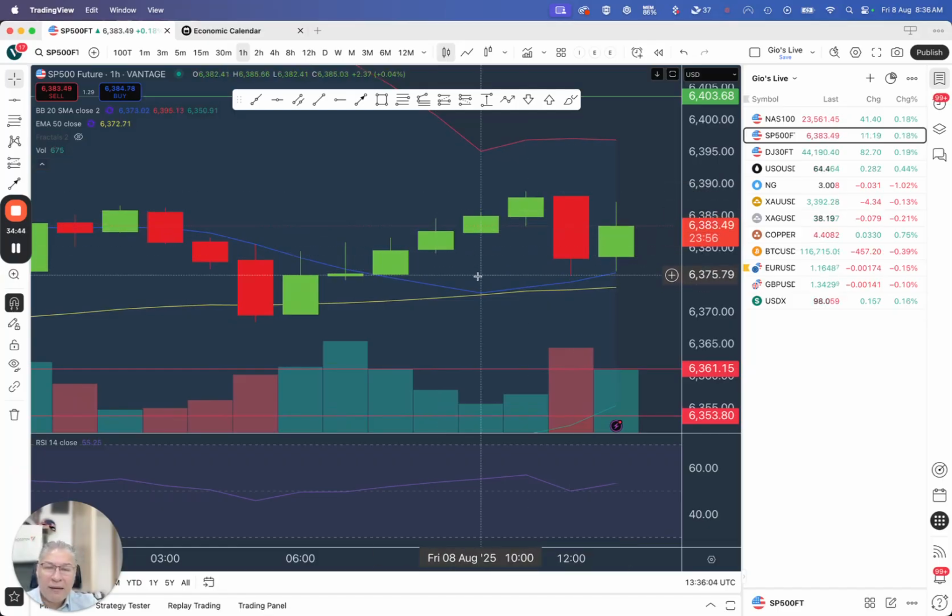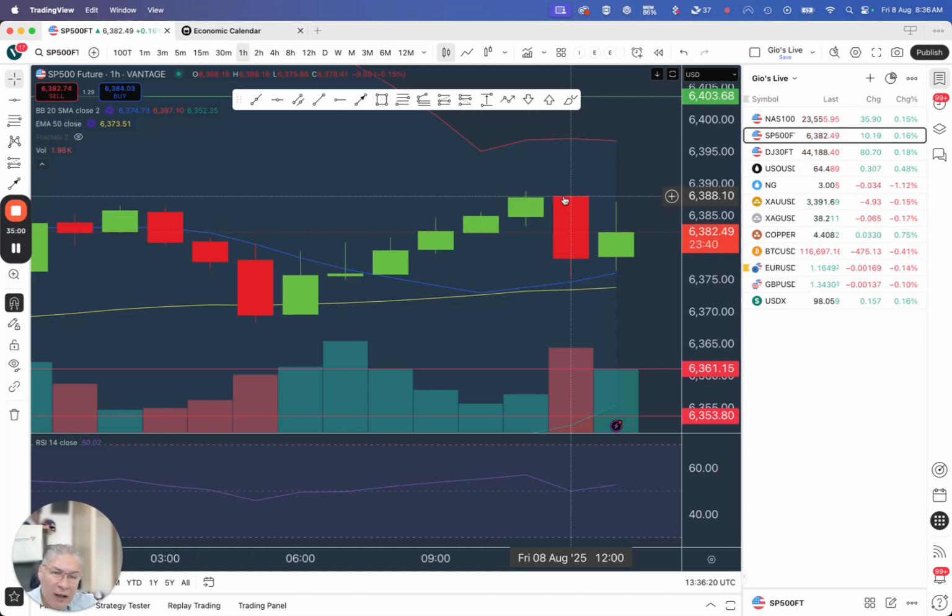But that particular rebound from this low shows us that yep, the market is looking to sustain itself in positive momentum.